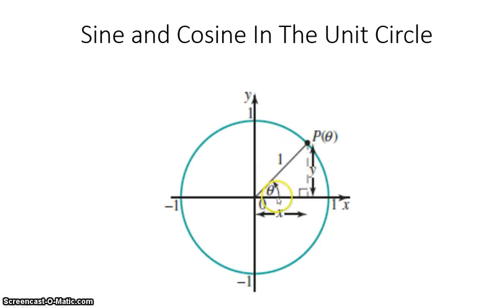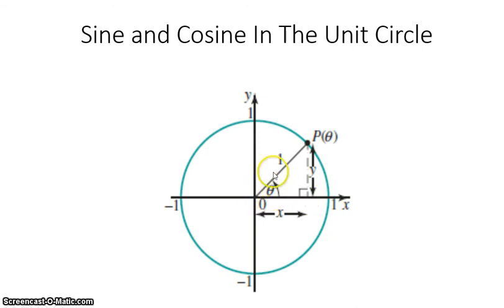This, in summary, means that this vertical distance here will also always be equal to sine of this angle at the centre of the circle. So we need to think of this distance here as sine of this angle here. We can look at cosine in the same way.